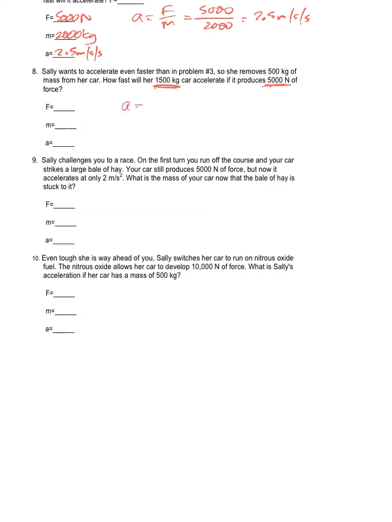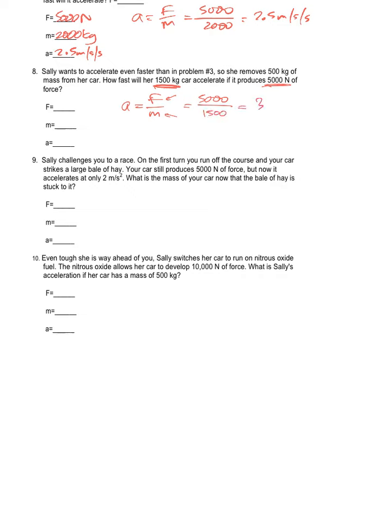Why? Because acceleration is force over mass. If force remains the same and you're dividing it by a smaller number, that smaller number is going to fit more times into the original number, so the acceleration that results will be bigger. Now the force is still 5,000, but you're dividing it by a 1,500 kilo car.